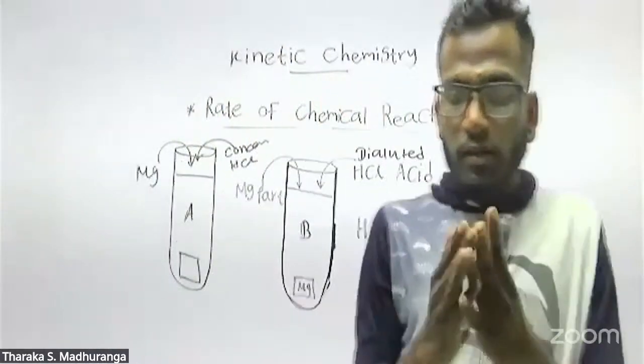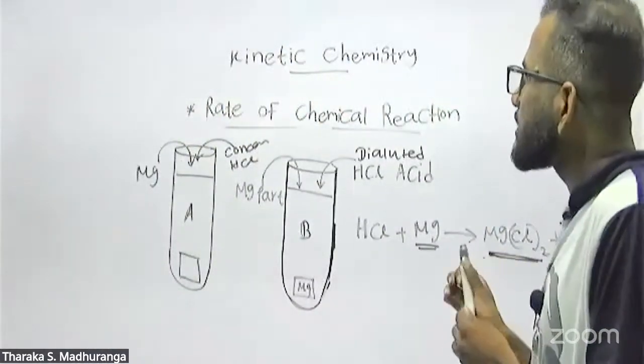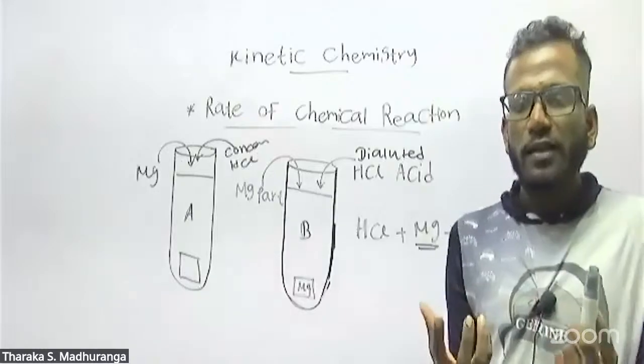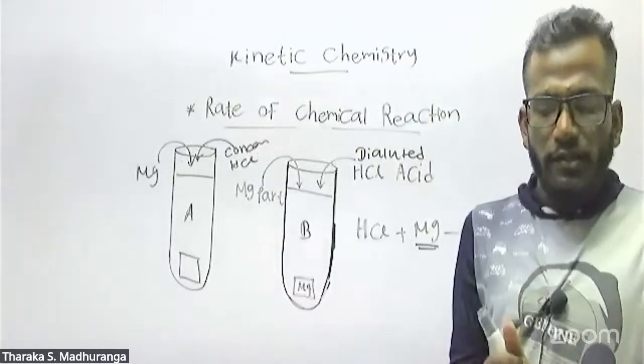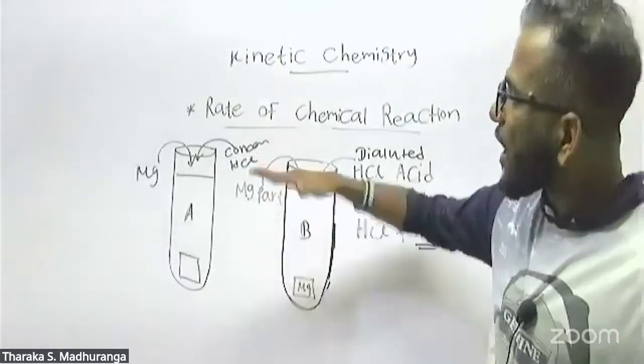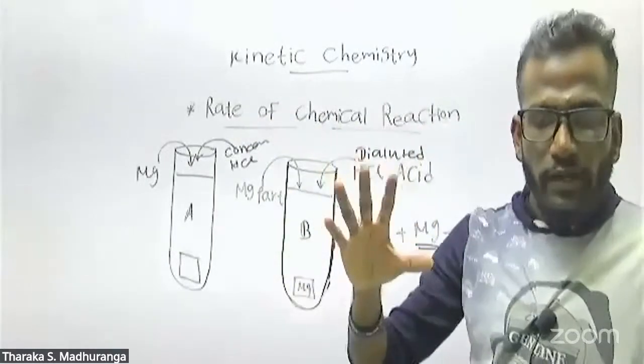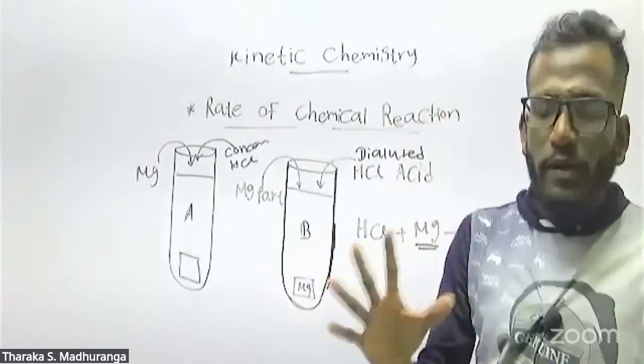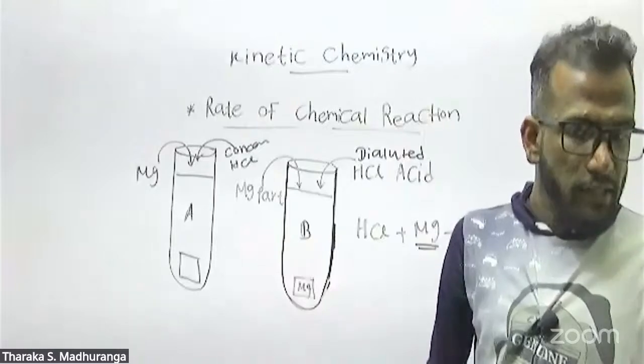But the problem is we can't get the numerical value for the rate of reaction. That is our target of this lesson: calculate, so we get the numerical value for the rate of chemical reaction.